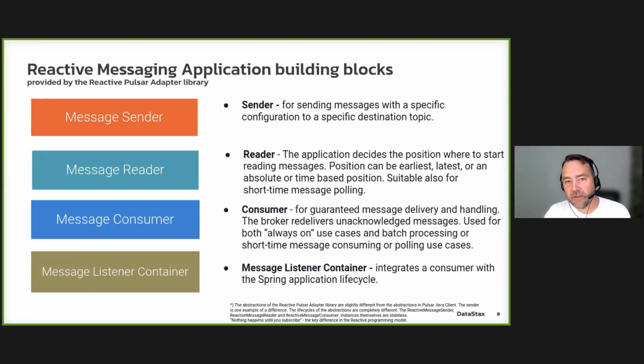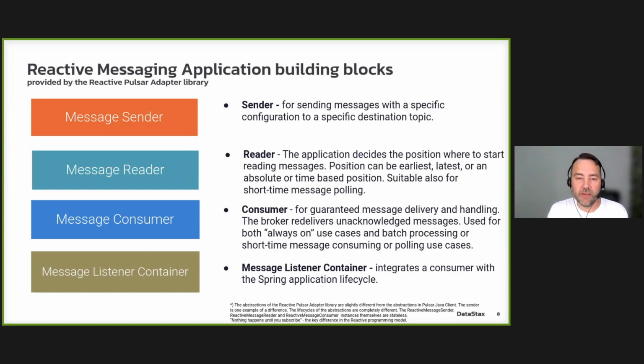So what are the reactive messaging application building blocks provided by this library? There are two categories: sending messages and receiving messages. For sending messages, there is a reactive message sender.